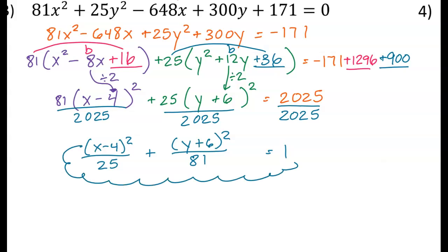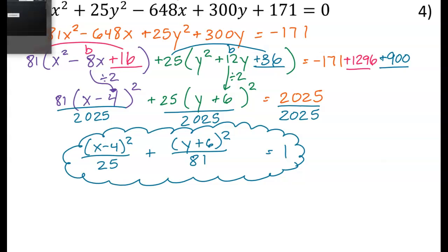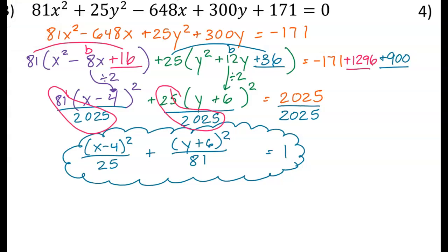Now that's only if you did it right. I recommend checking yourself when you're doing this. Checking that 81 over 2025 does simplify to 1 over 25. Yes. So what we actually did here was we simplified 81 divided by 2025, and then we simplified 25 over 2025.